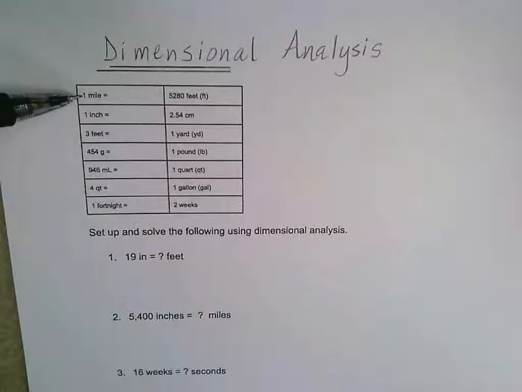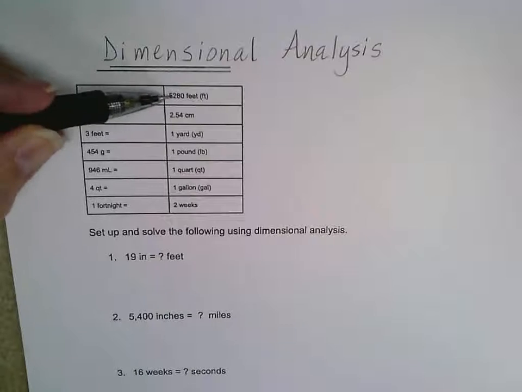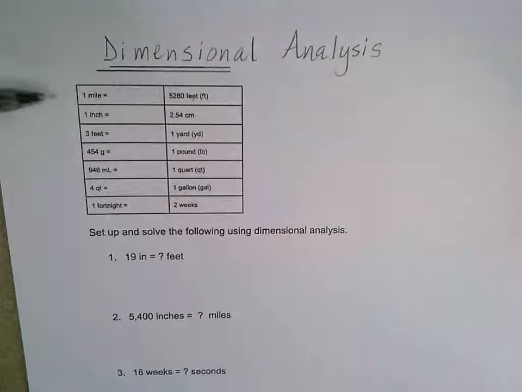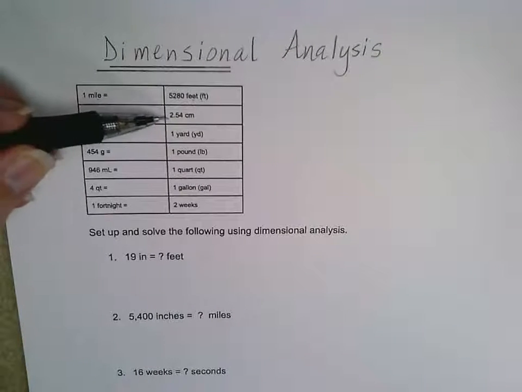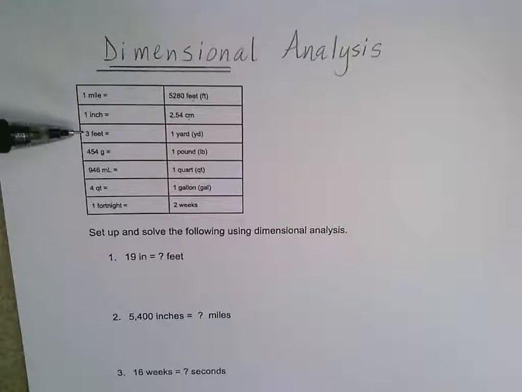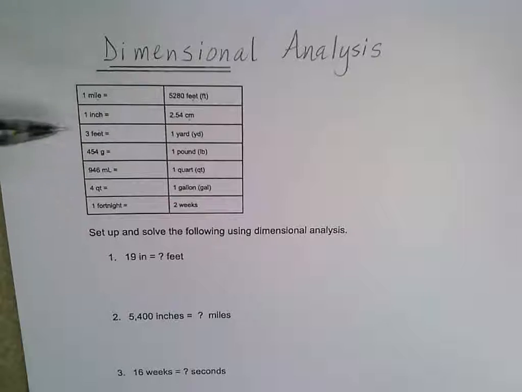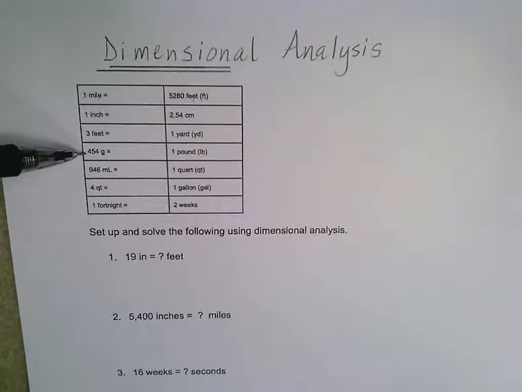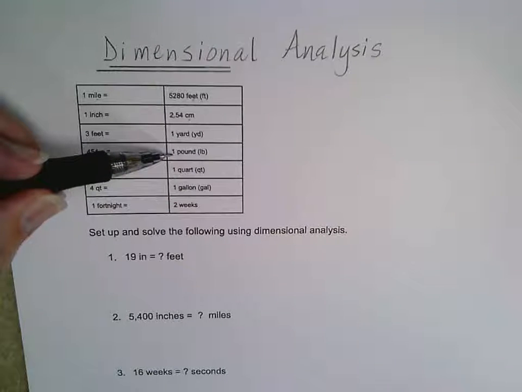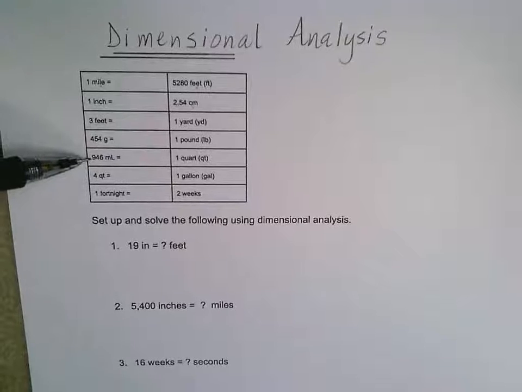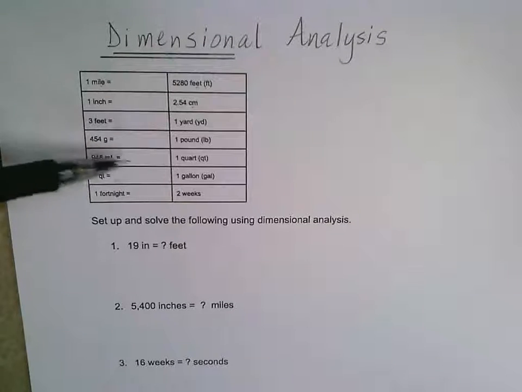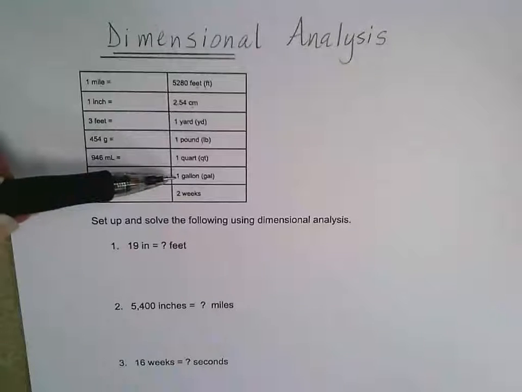So here we can see we have 1 mile is equal to 5,280 feet, and that 1 inch is equal to 2.54 centimeters. 3 feet is equal to 1 yard. 454 grams is equal to 1 pound. 946 milliliters is equal to 1 quart. 4 quarts are equal to 1 gallon.